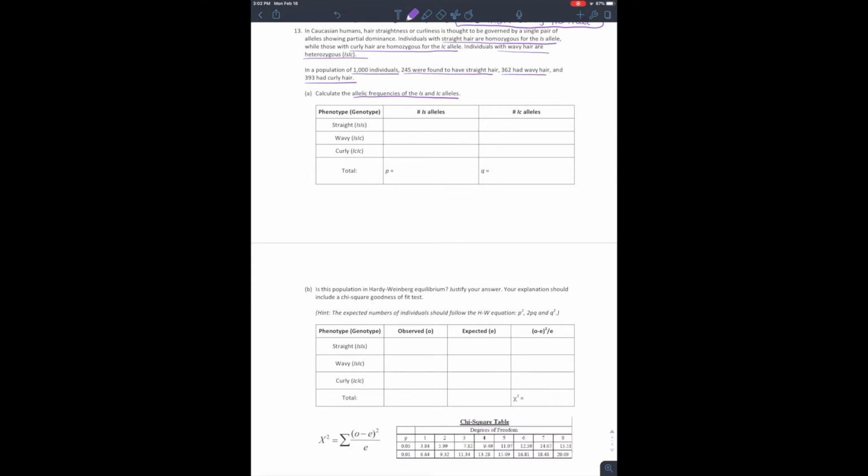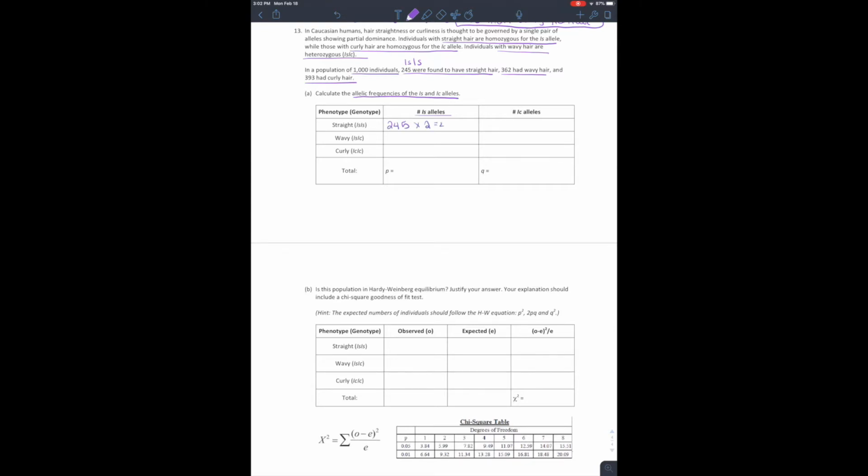So we're going to start with the number of IS alleles. We're going to start with straight. So straight hair, 245. In order to be straight hair, you have to be ISIS. So we're going to take 245, multiply it by 2.